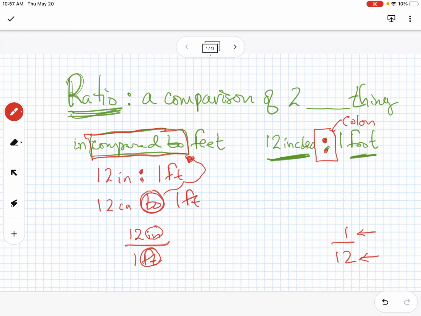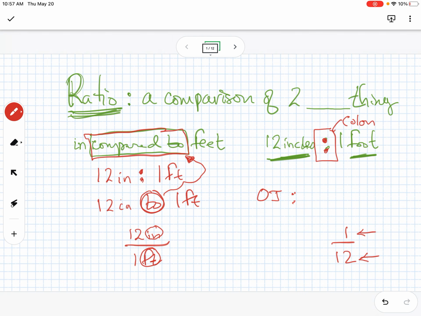A ratio, though, is comparing two different things. We're not talking about pieces and wholes. It's 12 inches compares to 1 foot. There's an example of a ratio. We could also compare, when I'm making frozen orange juice from a can in the fridge, this is the ratio that I use.